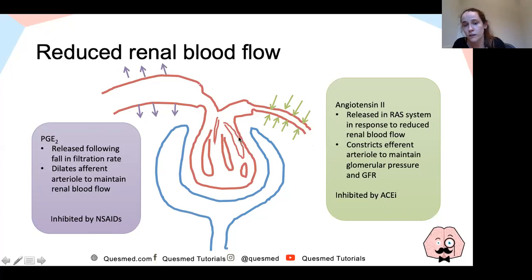So it's something that we do need to be quite careful of and keep in mind these two mechanisms of action of these two different drugs and the way in which they affect the kidney, particularly when renal blood flow is reduced.